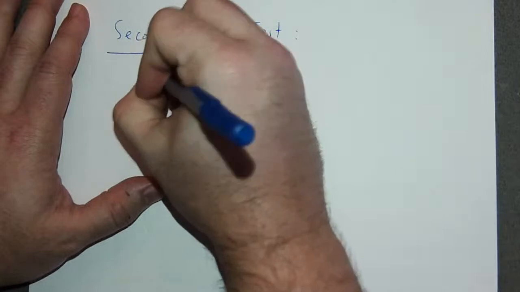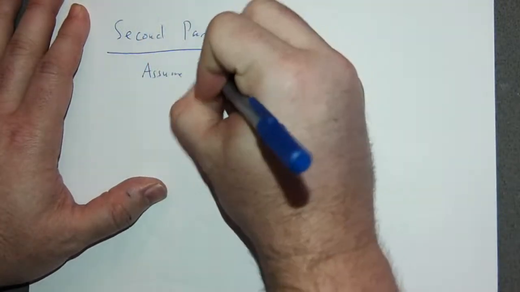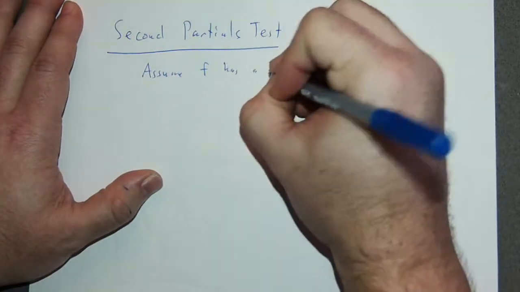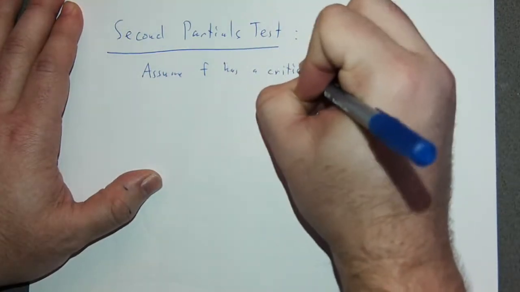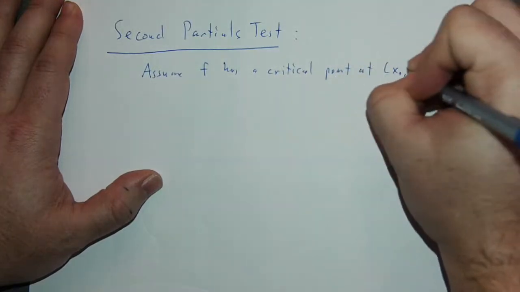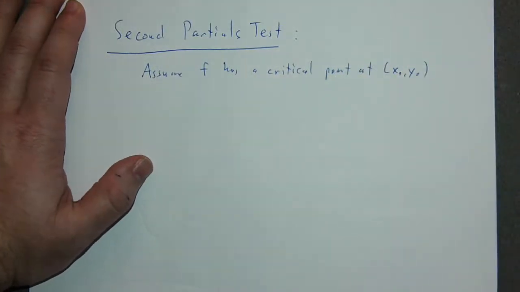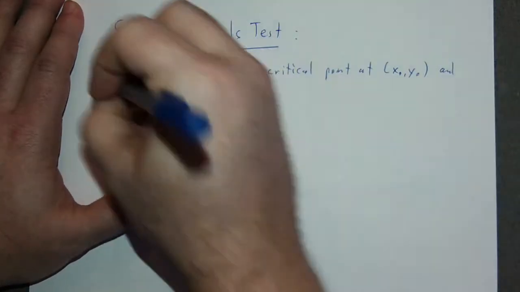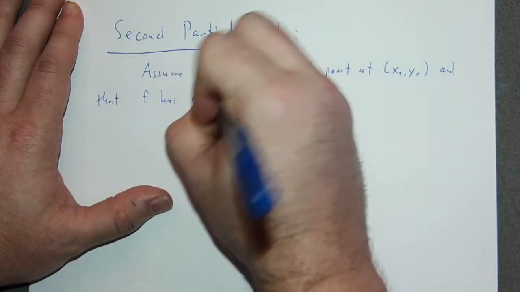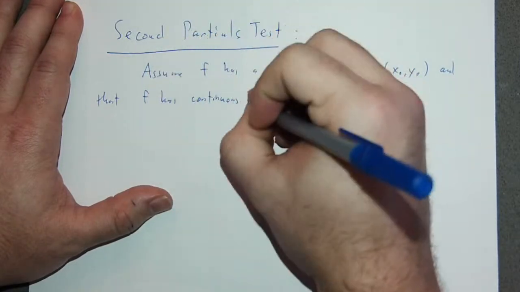So assume f has a critical point at the point x naught, y naught, and that f has continuous second order partials.